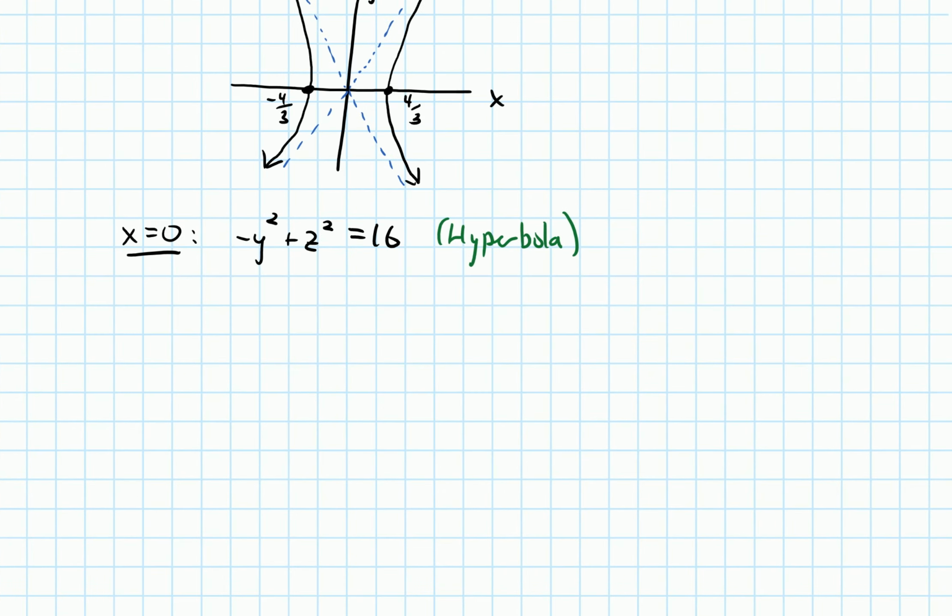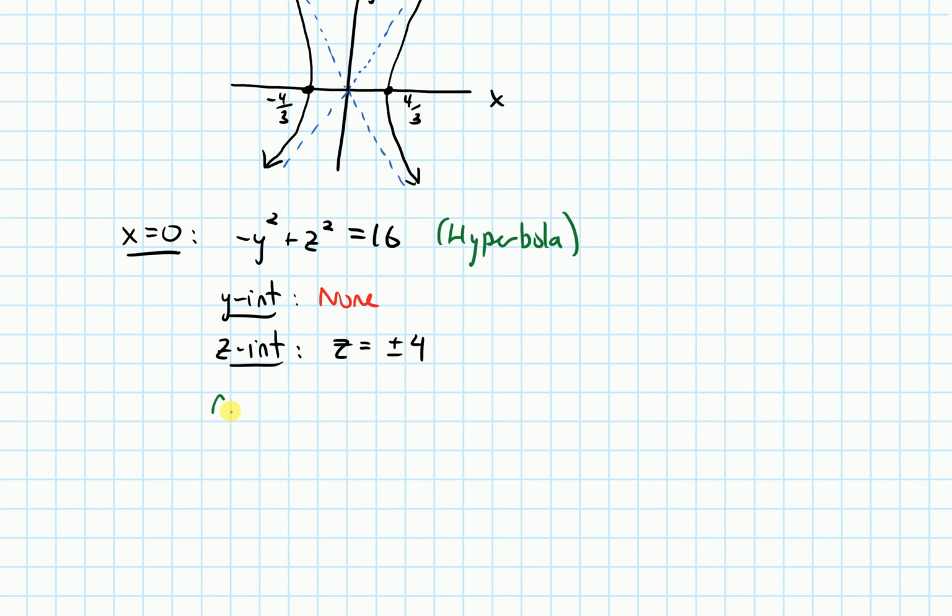Okay, so for this one, I'm just going to say what the intercepts are. If we find the y-intercepts of this, there are actually none, for a similar reason as in the previous hyperbola. For z-intercepts, z is going to be equal to 4 and negative 4.